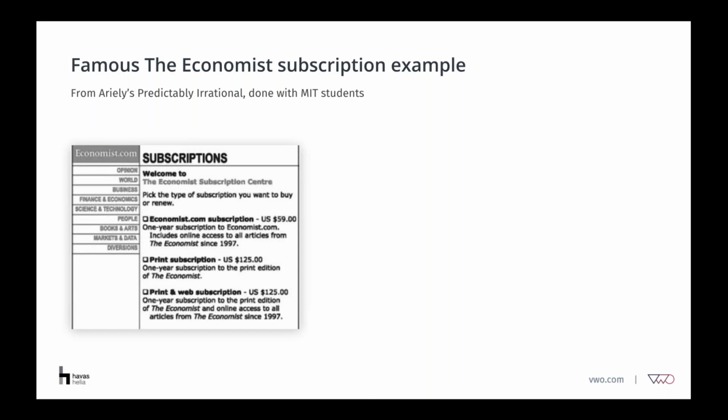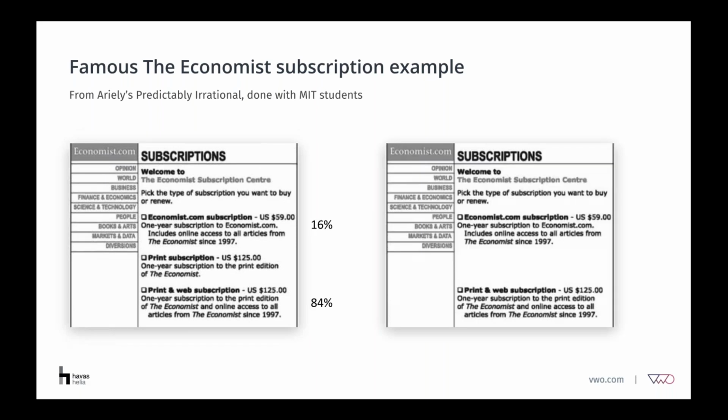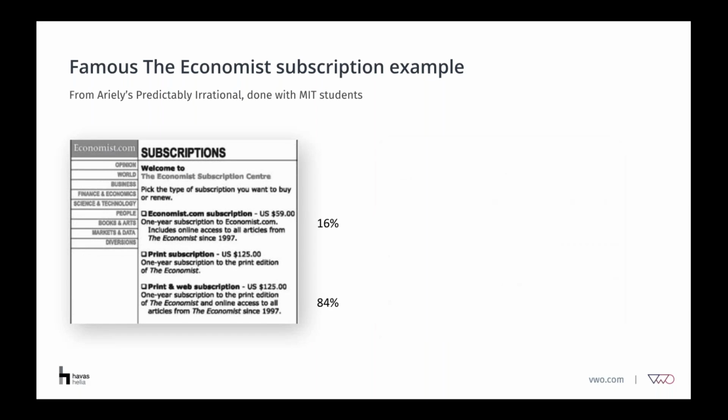So of course, when you make people choose between those 3 plans, most people here, and we should get the data up here, yes, okay, there's some delays, but most people in that situation are choosing print and web access, the most expensive plan, and not web access only, the vast majority of people. And of course, no one is choosing the middle option.